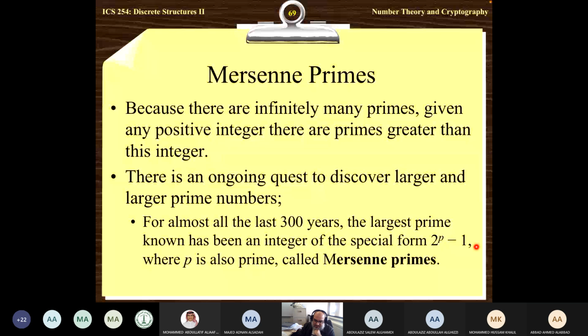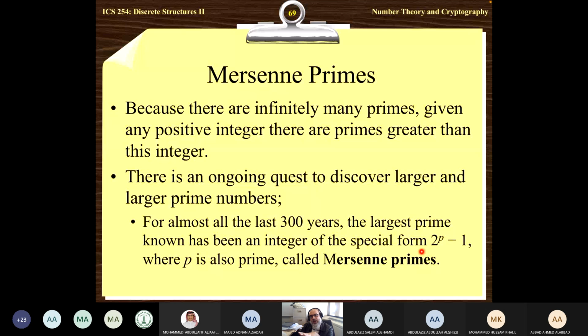Look at this. It says here that the largest prime known has been an integer of the special form 2 to the power p minus 1, right? Assume that I found an integer of this form. It's not necessarily a prime. No, I told you I already found a prime number of the form 2 to the power p minus 1. So now 2 to the power p minus 1 is a prime, right? If I want a bigger number, just raise 2 to this power and then subtract 1.